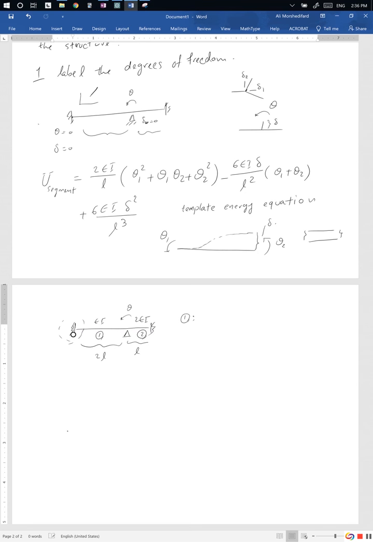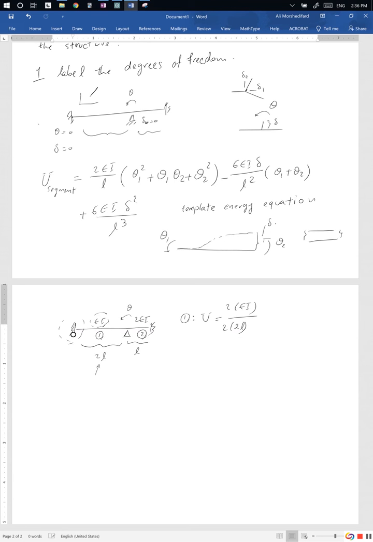So for segment 1, I get U equals 2EI, because this stiffness is this EI, 2EI over the length, note that it is 2L. So for the length in the template, you have to actually substitute the value from your segment, which is 2L.